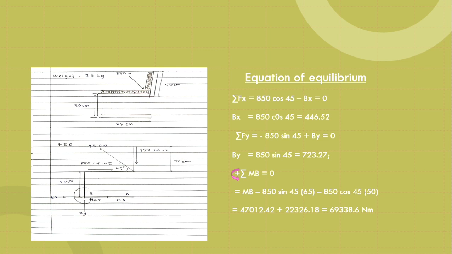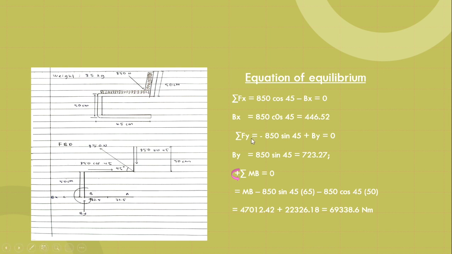So sigma Fx is equal to 850 cos 45 minus Bx equal to 0. We get it from this point, which is when for Fx we use cos 45, and for the y we use sine 45 degree, and for the Bx we get 446.52.